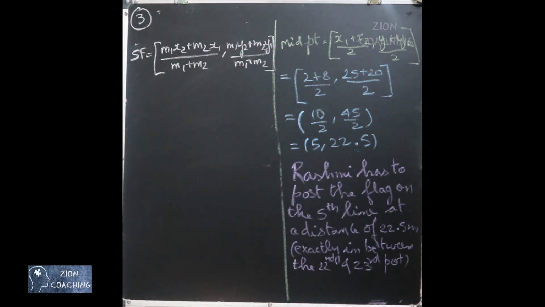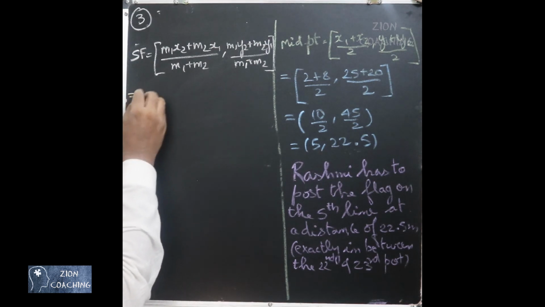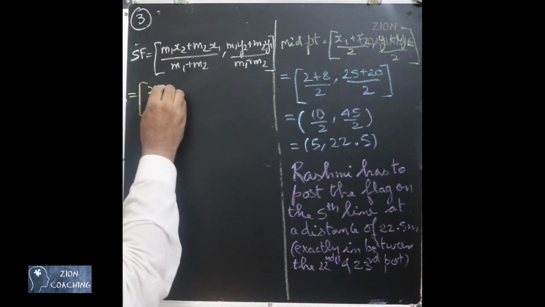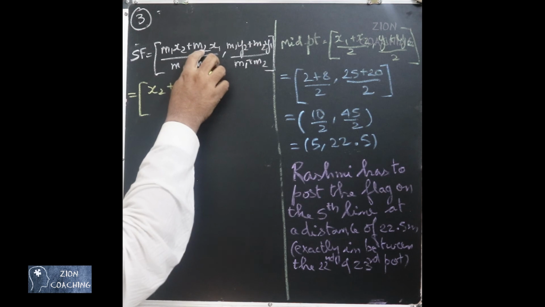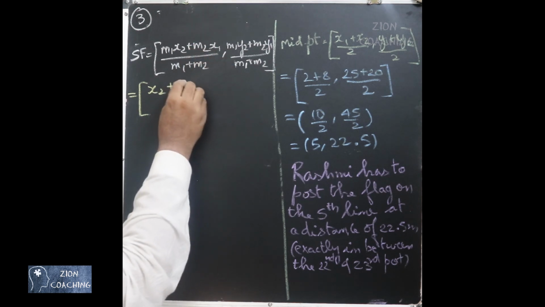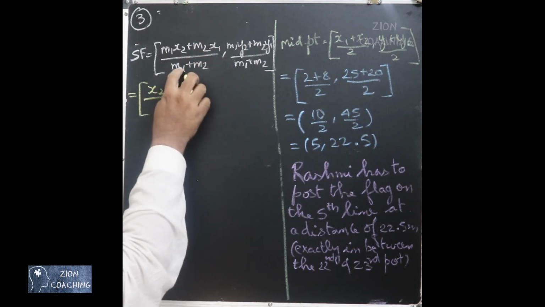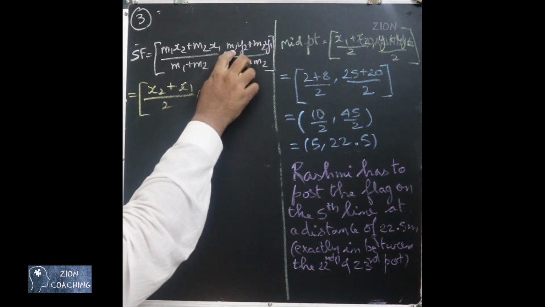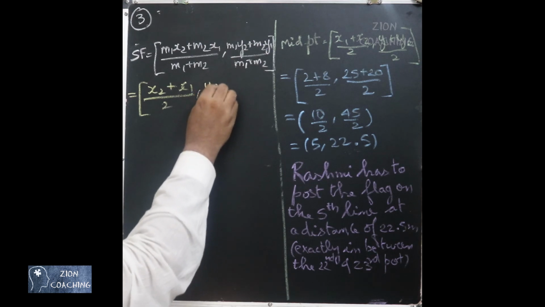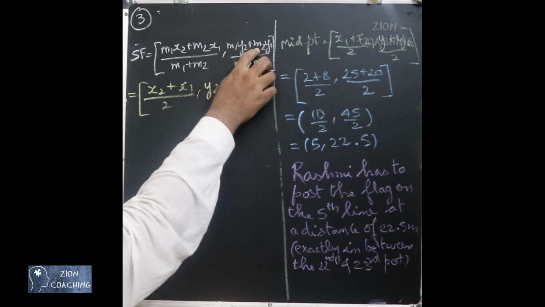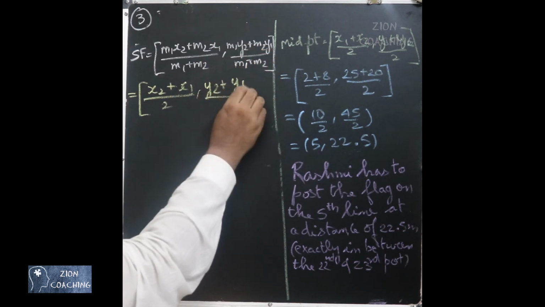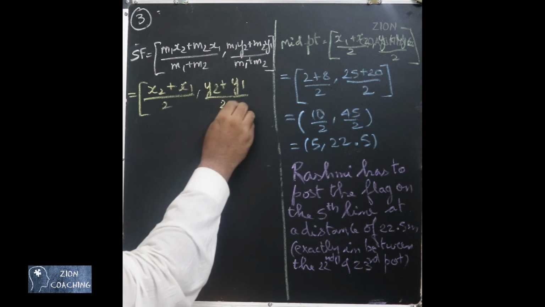In this, when you substitute 1, 1, what happens is, your m1 is 1, so 1 into x2 is x2, plus m2 is 1, so 1 into x1 is x1, by 1 plus 1, that is 2, comma m1 is 1, so 1 into y2 is y2, plus m2 is 1, 1 into y1 is y1, by 1 plus 1, that is 2.